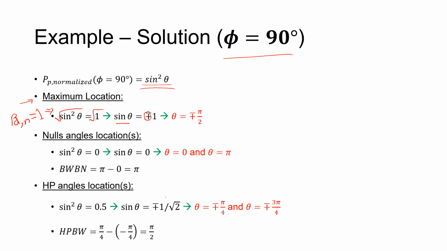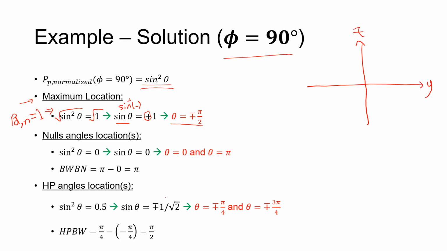If we take the inverse sine on both sides, then we get that theta is equal either to pi over 2 or minus pi over 2. So we have two maxima. If we plot this plane, we said that this will be the YZ plane.